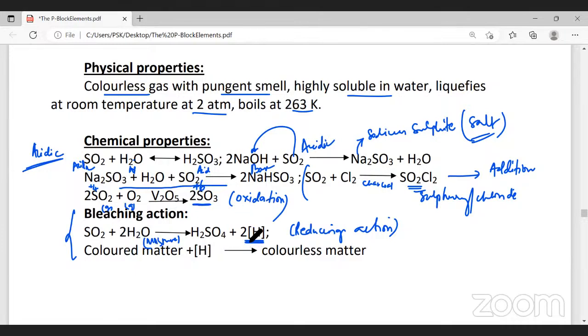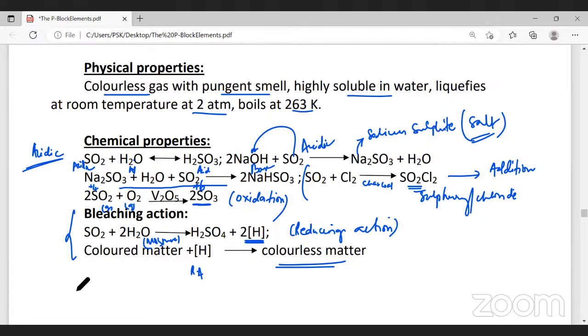This nascent hydrogen, being reactive, will react with the colored matter. If any clothes get stained, we can remove the color by treating them with sulfur dioxide, because sulfur dioxide will release H+ ions, nascent hydrogen. These nascent hydrogens are reducing in nature. They will react with the colored matter, the color will be removed, and the cloth or any other material becomes colorless.